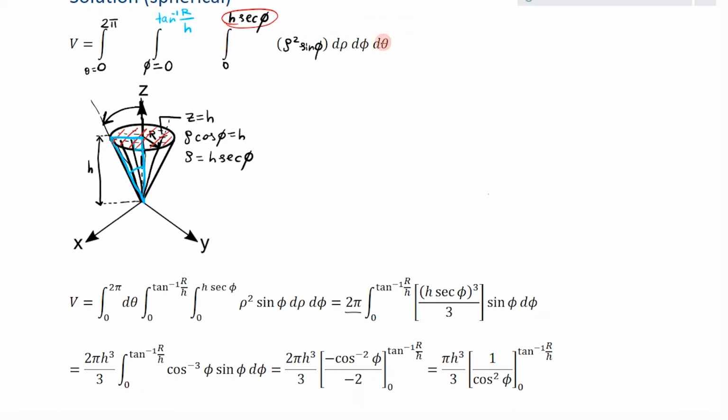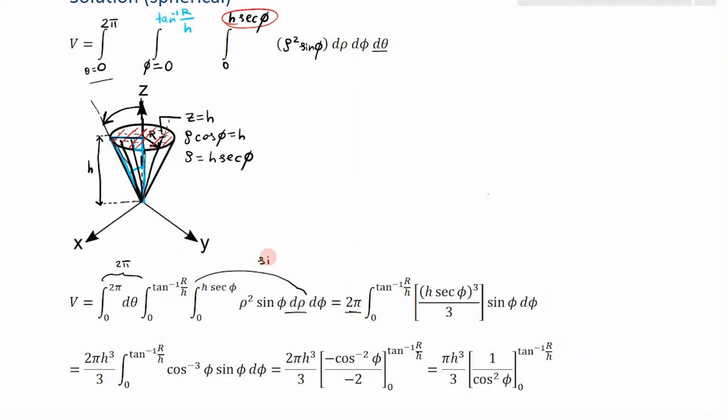Then the next thing that happens, we have integration over theta. Here nothing depends on theta, so I got this integration 0 to 2 pi d theta. Everything else stays the same. Then this integration gives us 2 pi, this, and then integration over rho gave me this.